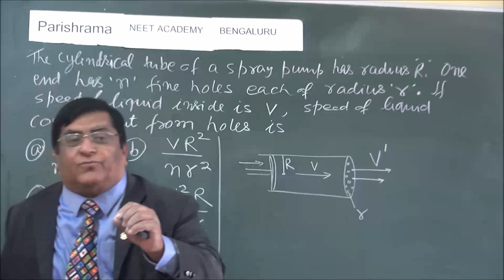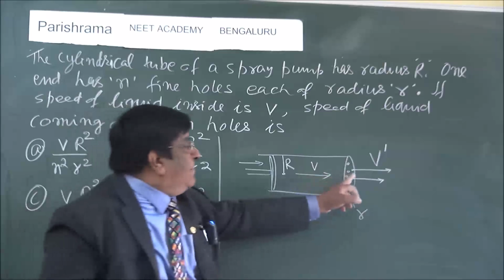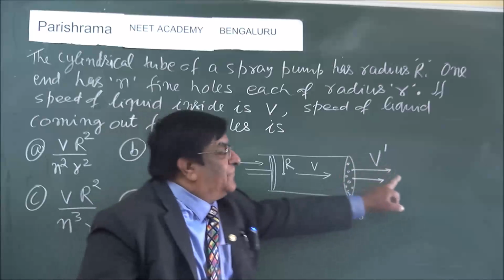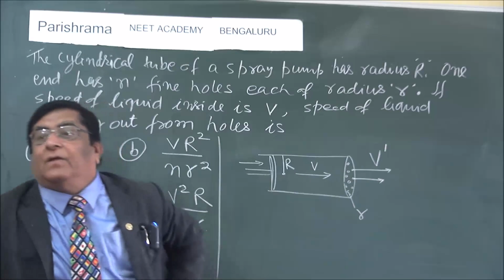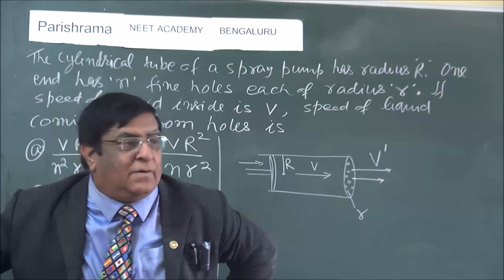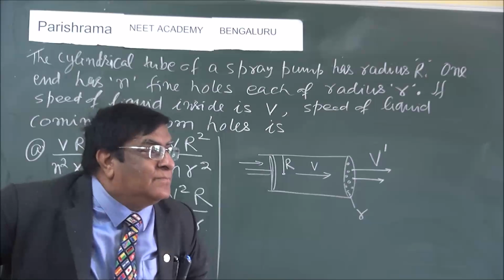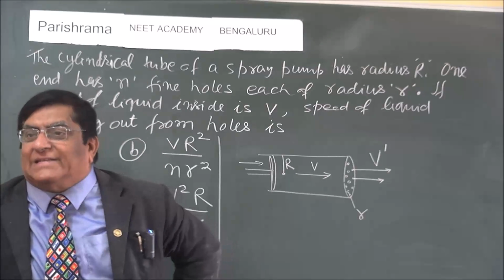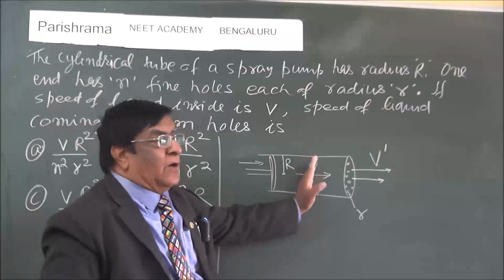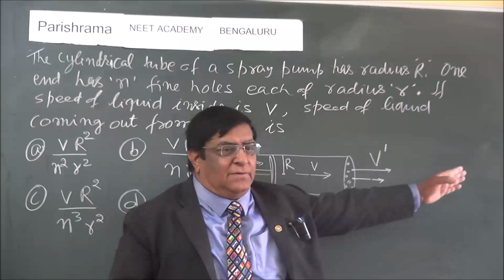So we will have to look for a quantity which is same. Same before this, same after this. What is the quantity? Volume per unit time. That is, the volume which is going out from here is equal to the volume which is coming here.